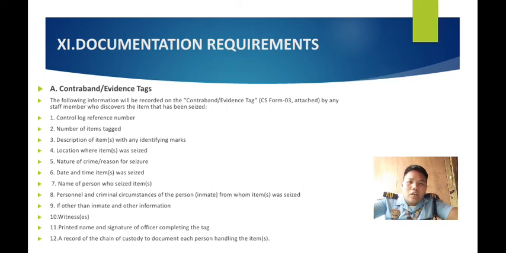So the following information will be recorded on the contraband evidence tag, which is attached in CS Form 03. Any staff member who discovers these items will use these 12 items that are considered as the contraband evidence tag.